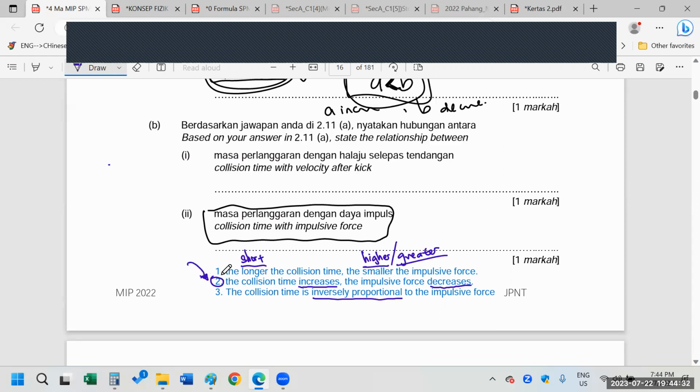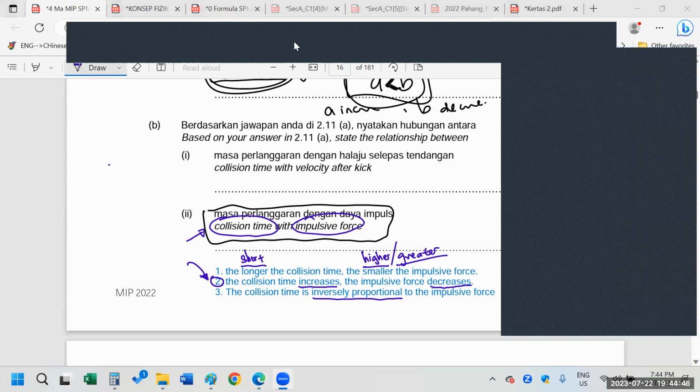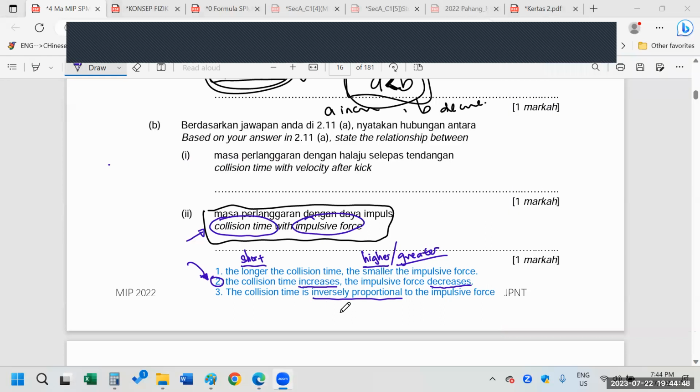I like number 2. I like to mention the quantity first, then increase, decrease, then another quantity increase, decrease. So this is the format for relationship.